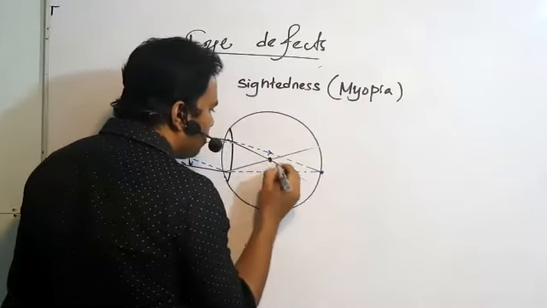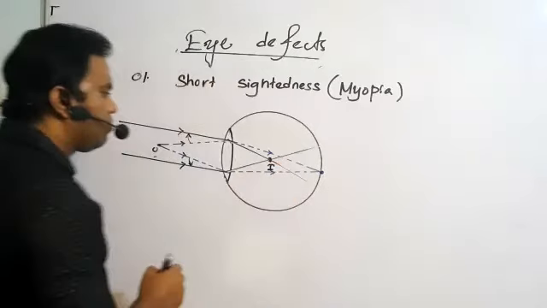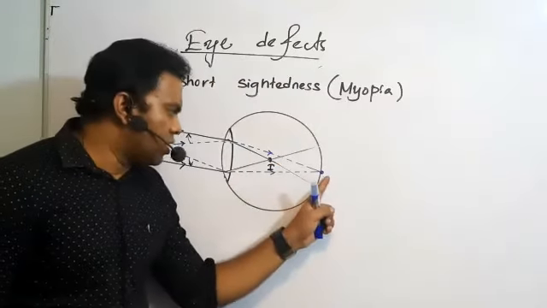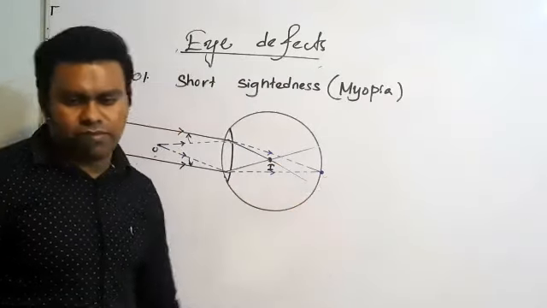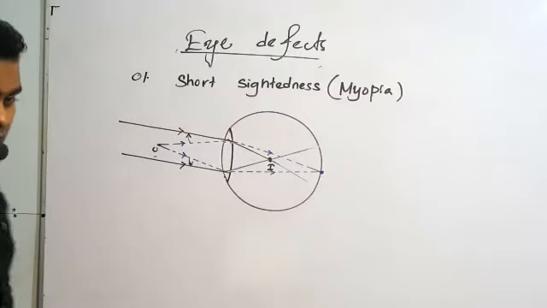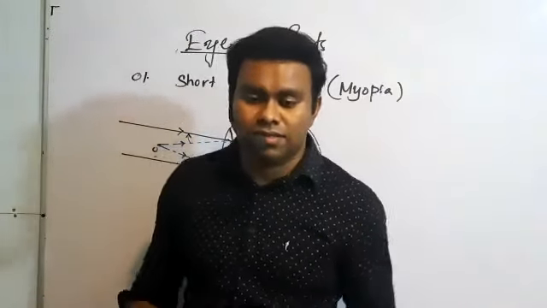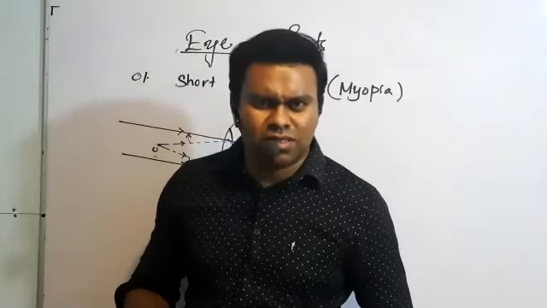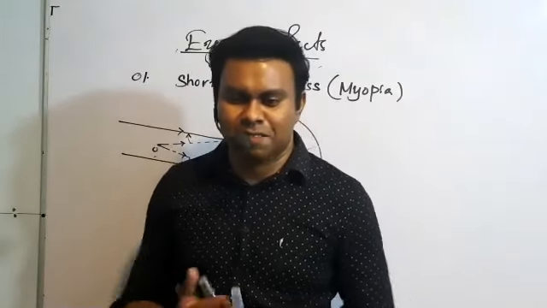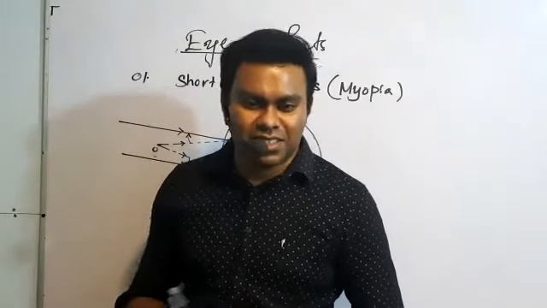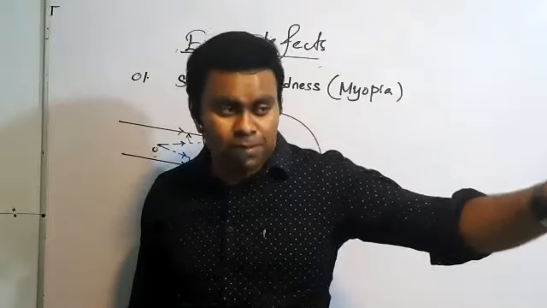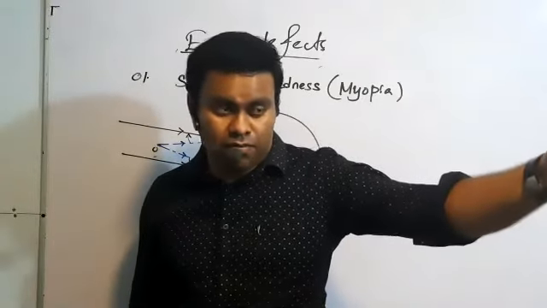What happens now? Image occurs before the retina. Okay? The work is done early, before reaching the relevant place. So the specified location is there.